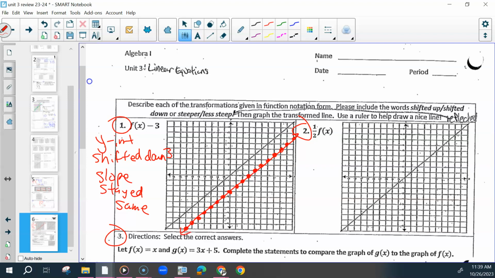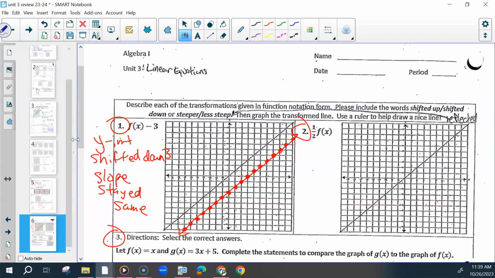Are we graded down if we don't write the full word y-intercept? You just can't say shifted down 3, because you didn't specify what shifted up or down.